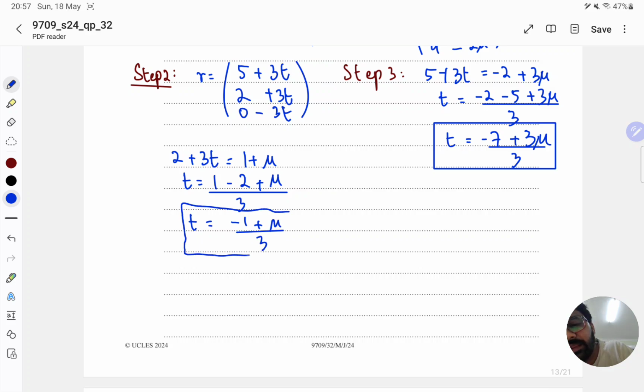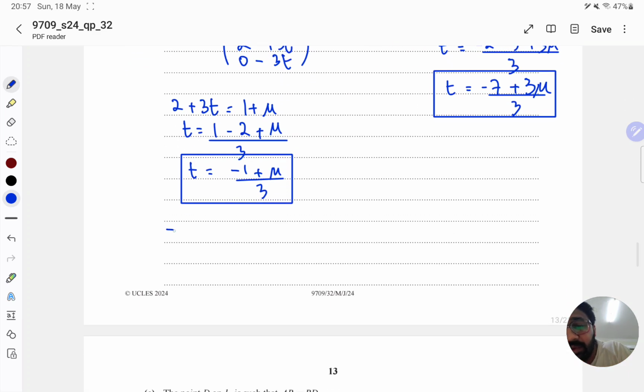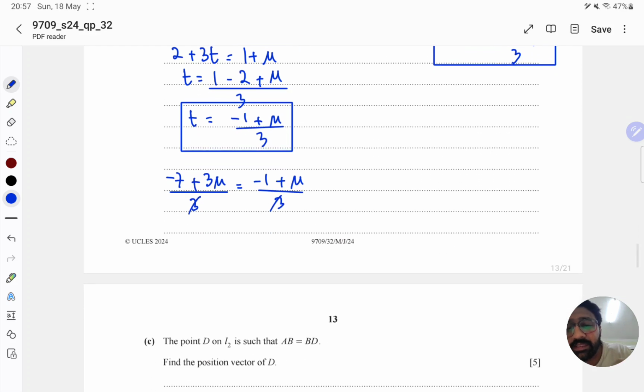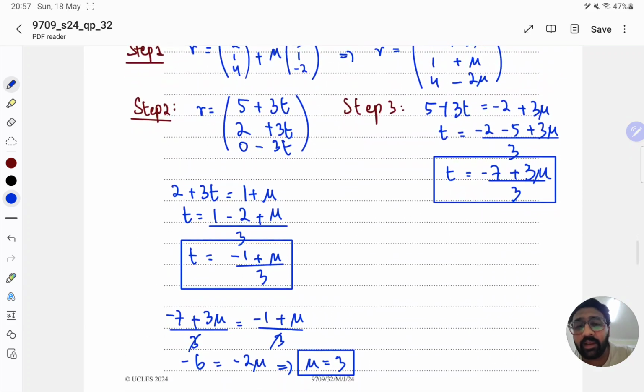This is the other t. I'll put both the t's equal to each other: (-7 + 3mu) divided by 3 equals (-1 + mu) divided by 3. The 3s will cancel out. I'll be left with -6 equals -2mu, and from here the value of mu will be 3. I have the value of mu now.